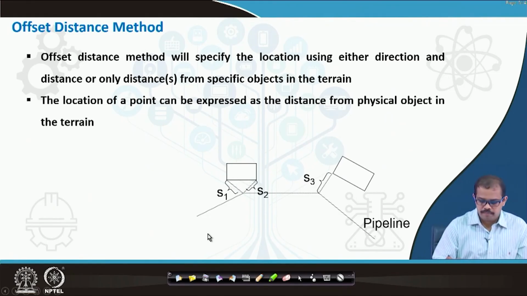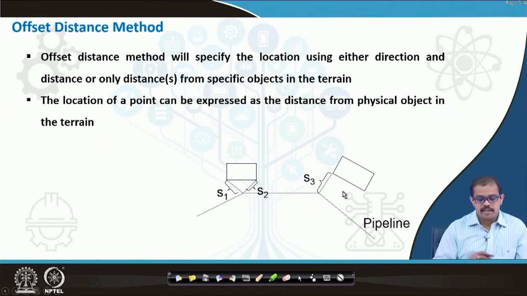For example, if you are looking at a pipeline, these are the objects on the earth's surface. This offset distance method will specify the location of this particular pipeline based on these objects on the earth's surface, without which you will not be able to get a particular location.